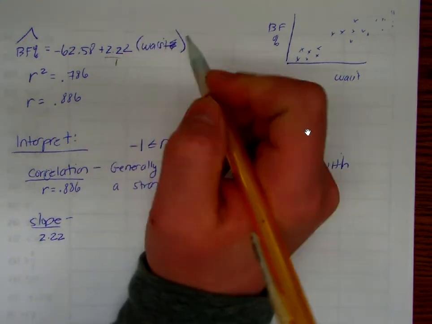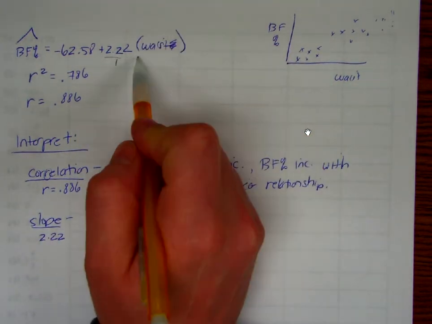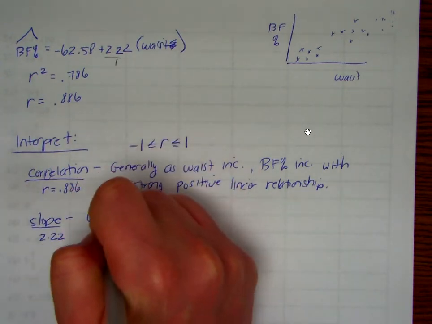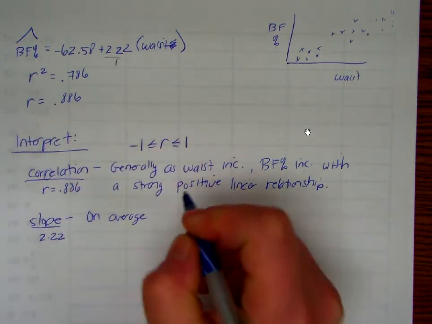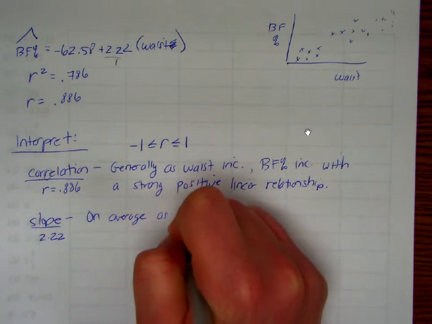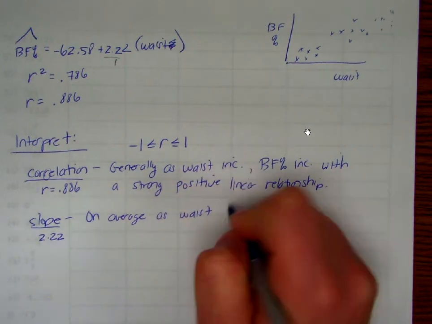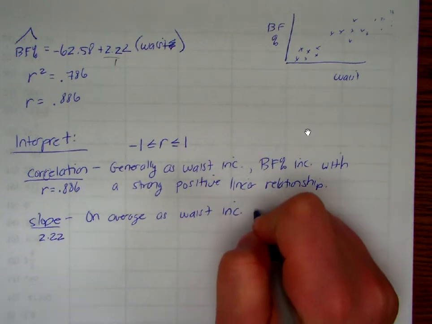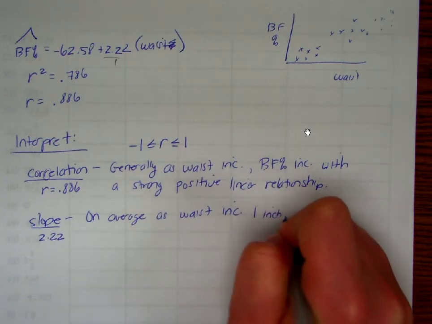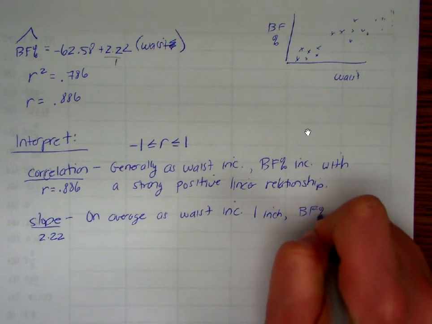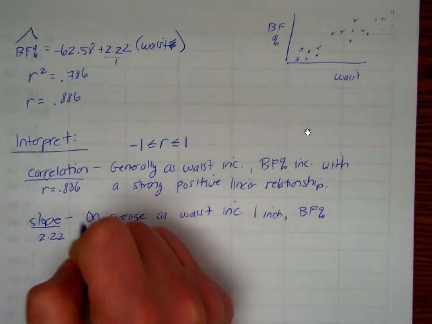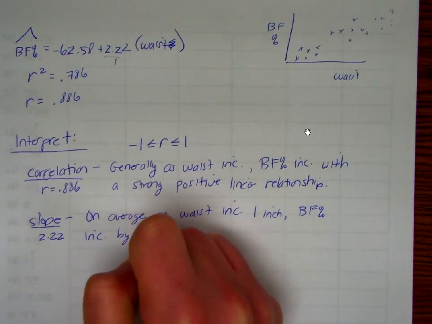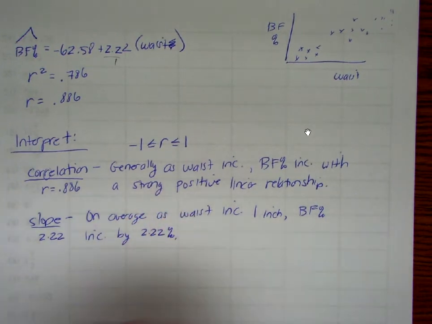You put it over 1, and you say, on average, as waist increases 1 inch, body fat percentage will also increase by 2.22%.